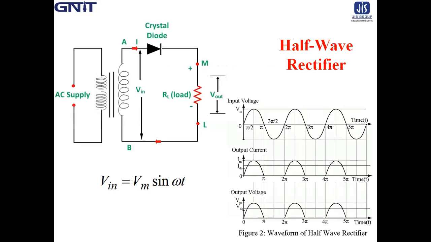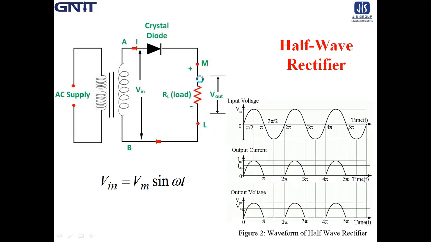In the last class, we started on the half-wave rectifier. This was the circuit of the half-wave rectifier, where if we apply an alternating input current or voltage, we will get the output current or voltage only in the positive half cycle of the input signal.